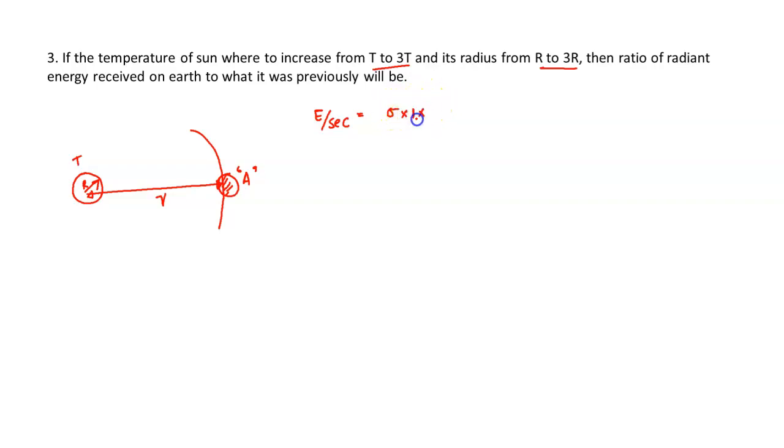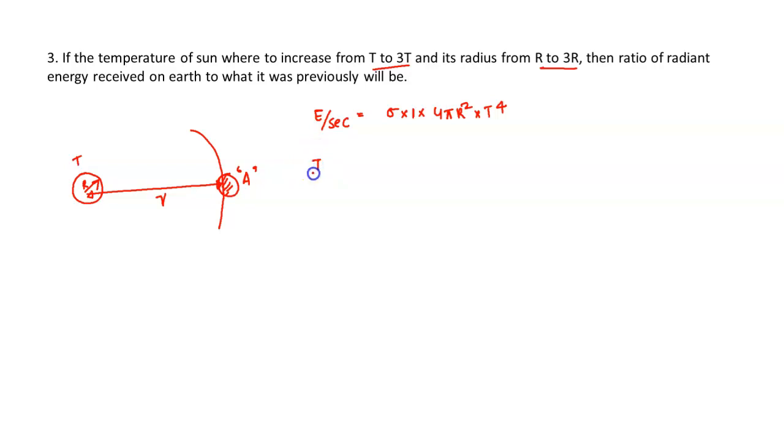Here E will be considered as 1 as the sun is considered a perfect black body. Sigma A E, area will be 4 pi capital R square into T power 4. This much energy will be released by the sun per second. And this will be falling on a spherical area of radius small r.